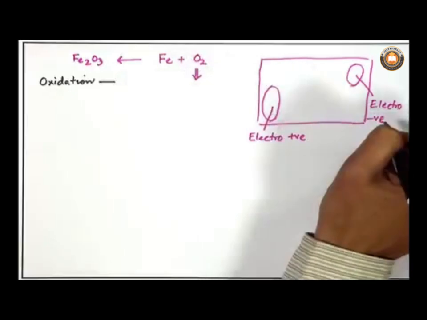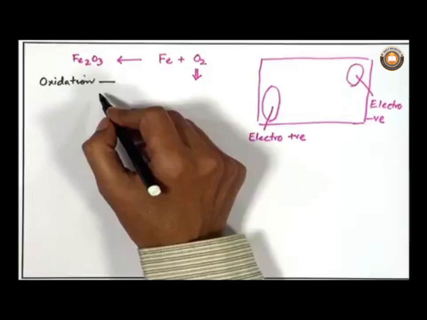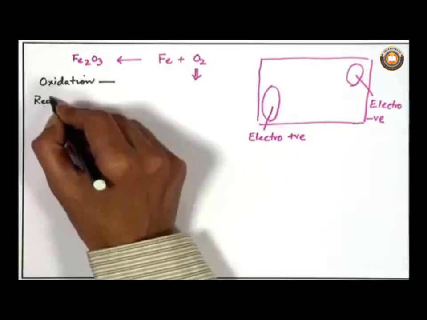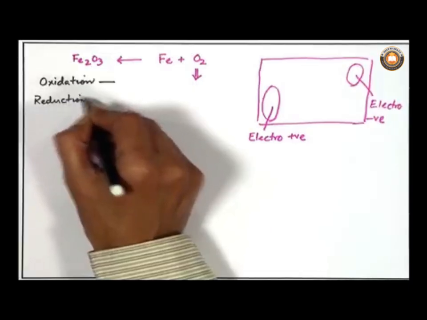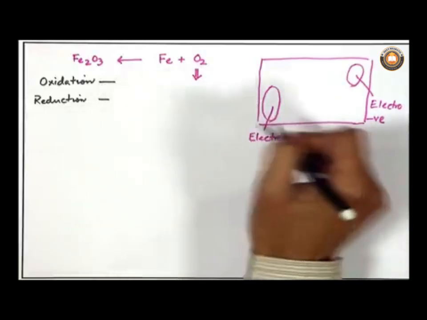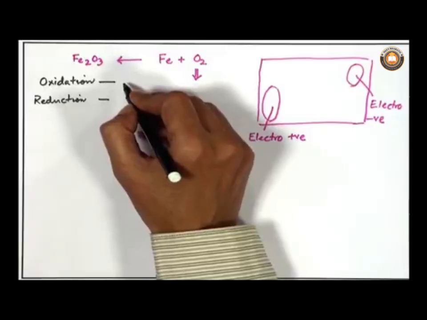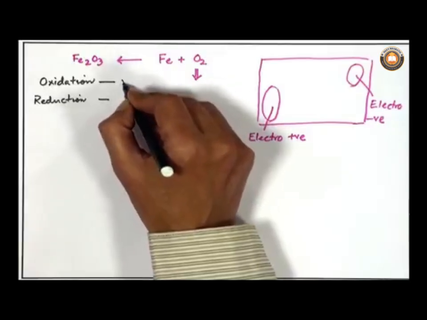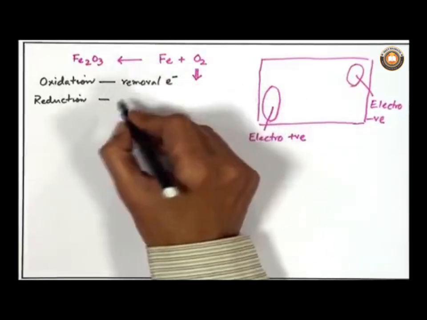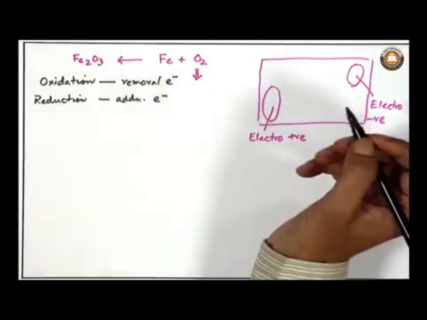So, addition of this electronegative element is also known as oxidation, and reduction means the combination of less electronegative elements or removal of electrons. So, in case of oxidation we have the removal of electrons, and here we have addition of electrons.